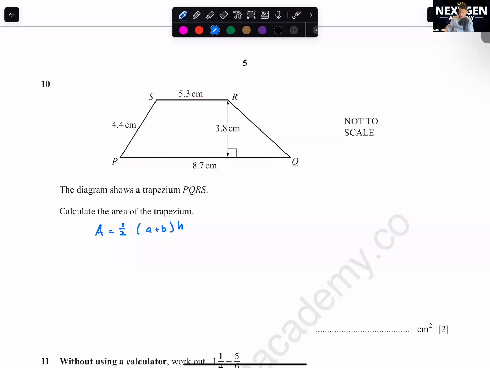So we need to first define where the parallel sides are and where the height is. This and this are parallel, this is your height. Okay, this 4.4 is just a distraction, so we won't be using it for area. You only use the parallel sides and the height. So over here you get 1 over 2, 5.3 plus 8.7 multiplied by 3.8. Okay, type this in the calculator, you get 26.6.